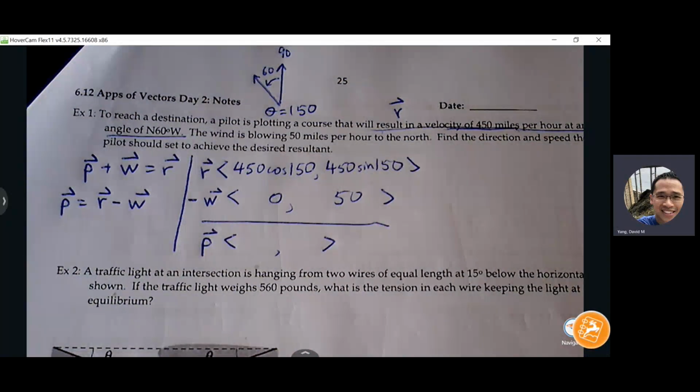So we can use our calculator: 450 cosine 150 minus 0, and then 450 sine 150 minus 50.